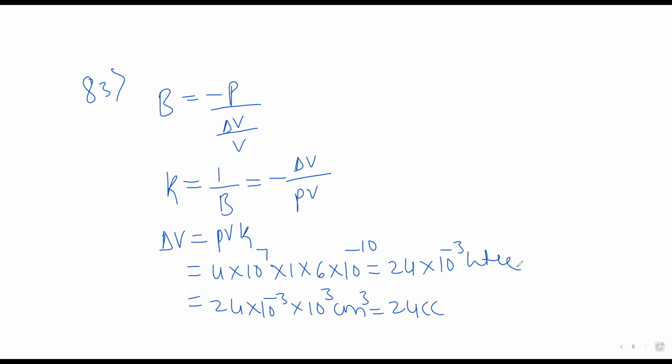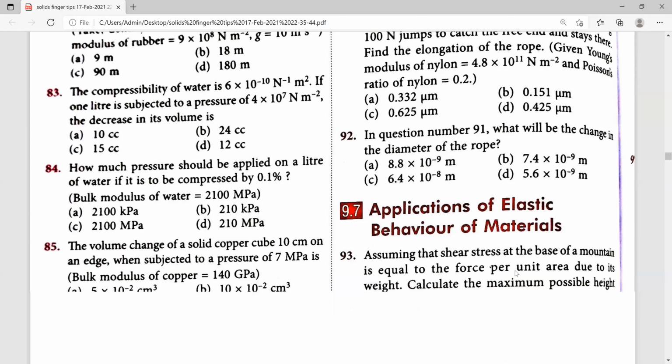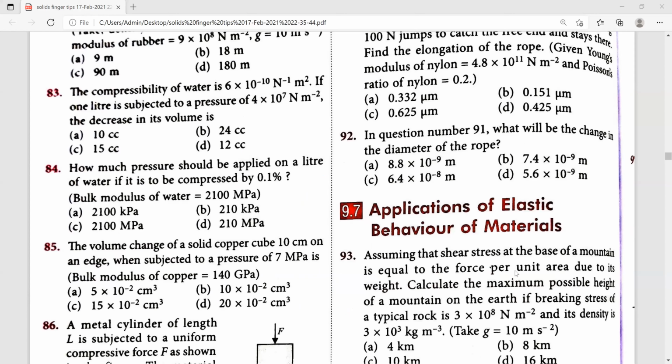So for question 83, option B is the right answer.